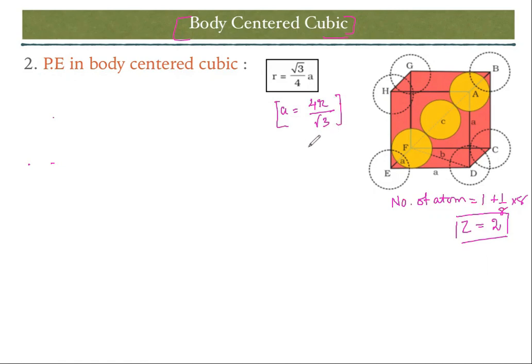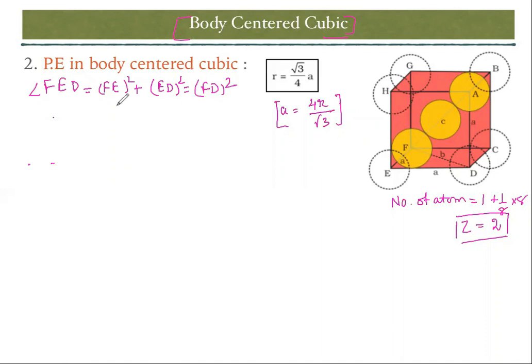How can you derive it? Here is the picture. You have to look at this picture very carefully. I am taking the right angle triangle F, E and D. In the right angle triangle FED, I can write FE square plus ED square is equal to FD square.